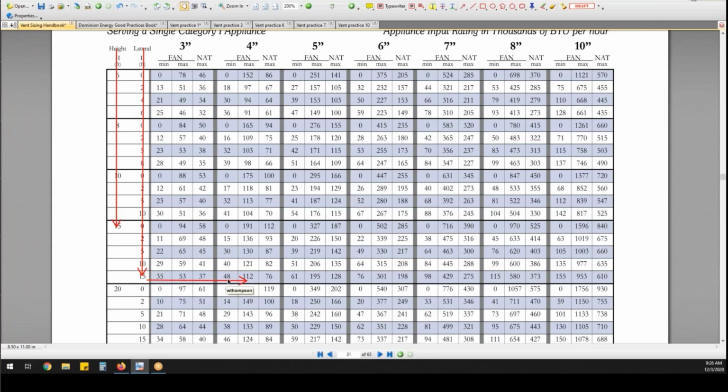And on fan-assisted appliances, there is a spread. There is a minimum amount, so I have to have at least 48,000 BTUs of heat energy, and I can have no more than 112. If I go less than 48,000 BTUs, there's not enough heat energy for that flue to work. The flue gases will just go in there and condense. They won't go out. They'll just turn to water, and the flue won't work.